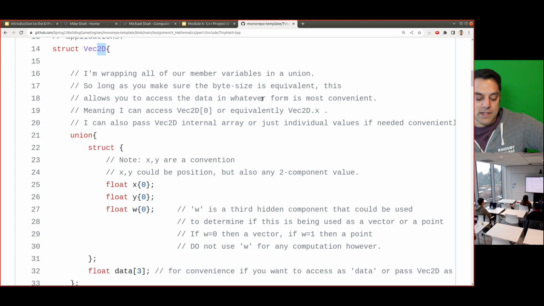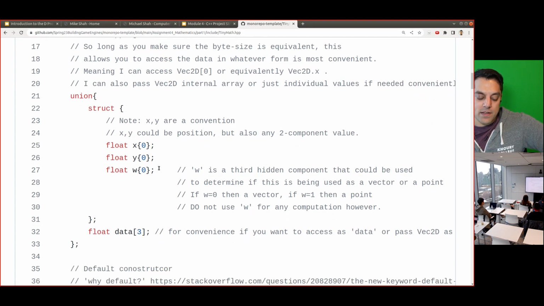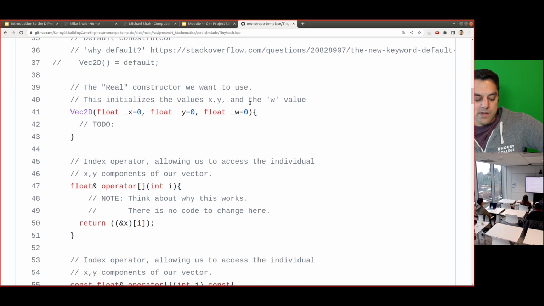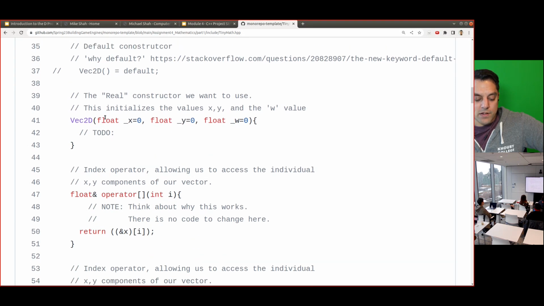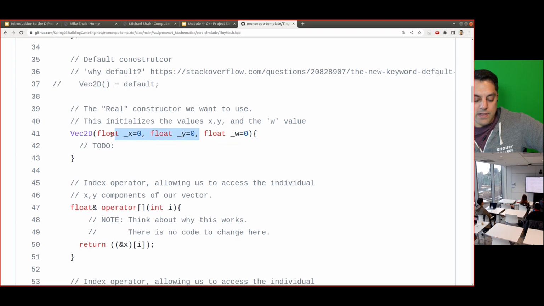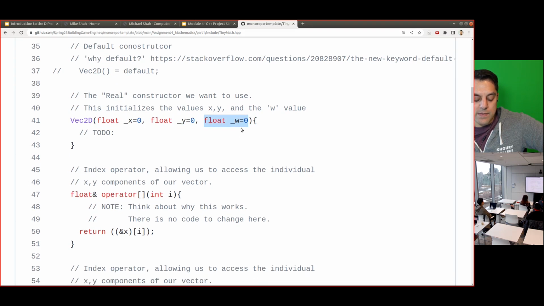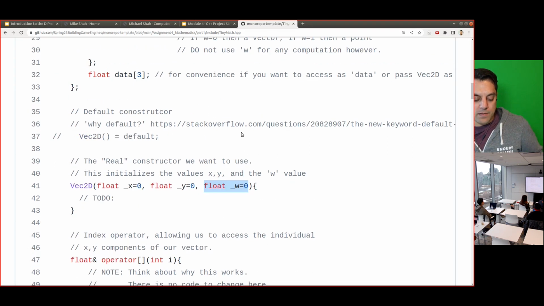Again, that's just a design decision, but it gives us some safety, meaning that we have this w here, so we know if we're working with a point or a vector. Now, by default, in our constructor, you'll notice that I default initialize everything to 0 in our arguments if the user doesn't specify. They can specify an x and a y, and if they forget to specify w here, it'll default to 0 as a vector. Okay, so that's just something to keep in mind.